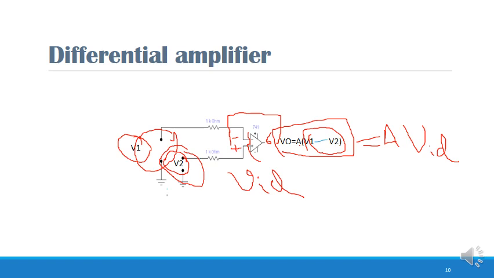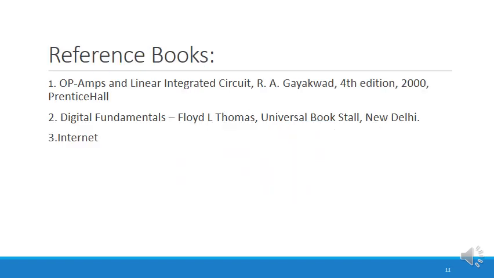Why is it called a differential amplifier? Because it is going to amplify the difference between two input signals. Output is taken across pin number 6. The equation for the output is A into VID, where VID is nothing but V1 minus V2.